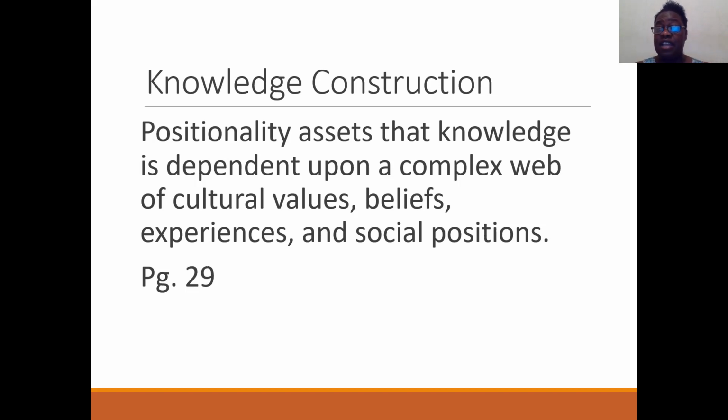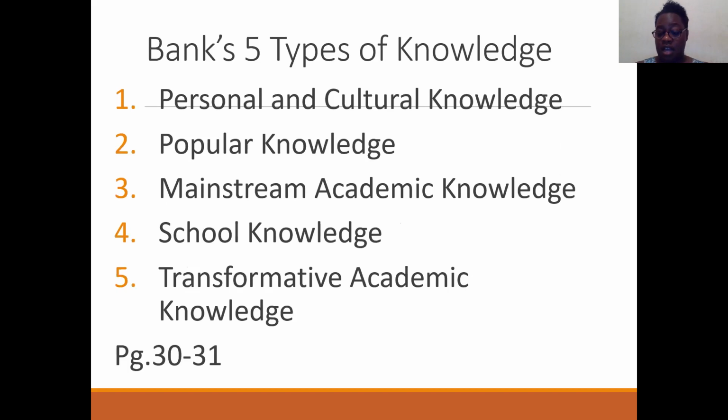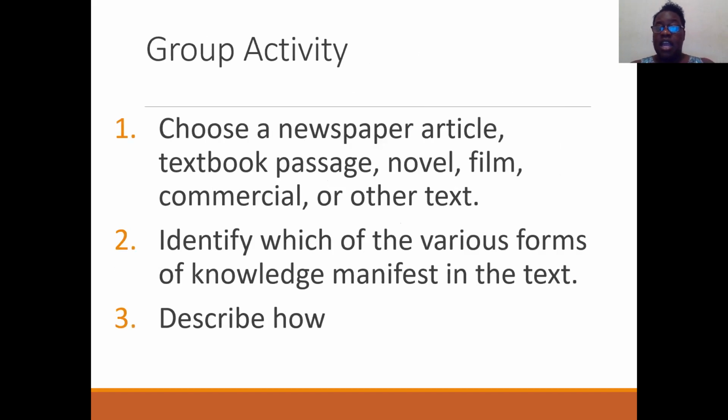So the last activity that I want you to do is this. If you will do this, we can bring it to class, that would be great. If you're in my online class, if you will do this, and then we'll form a Zoom meeting where we get to talk about this, this will be great. So what I want you to do is choose a newspaper article or a textbook passage or anything like that, okay?